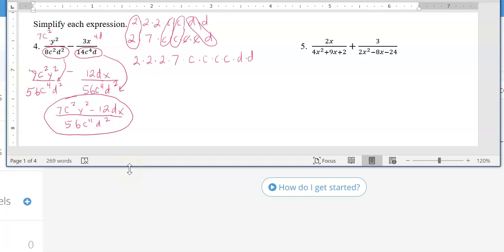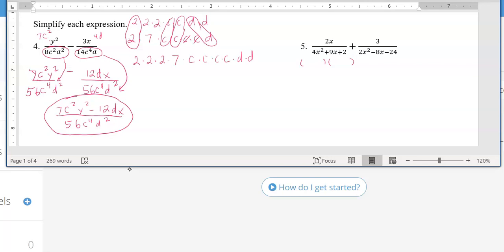All right, here's number 5. To get the LCD over here, remember we did prime factorization? Well, we're going to be doing prime factorization here as well, okay? It's just that with these, we have a method when it's a trinomial where the number in front of x squared is bigger than 1, we typically use the box method to help us.